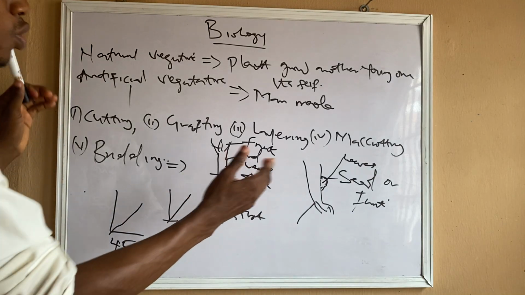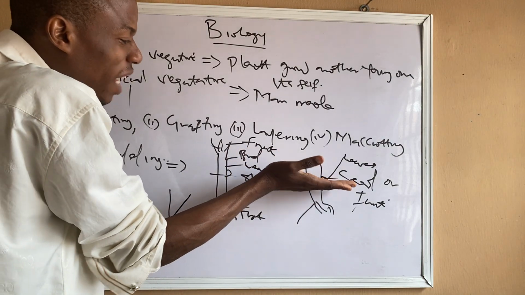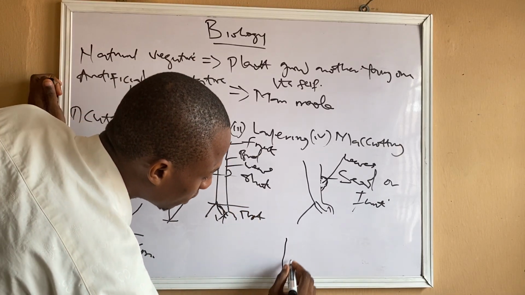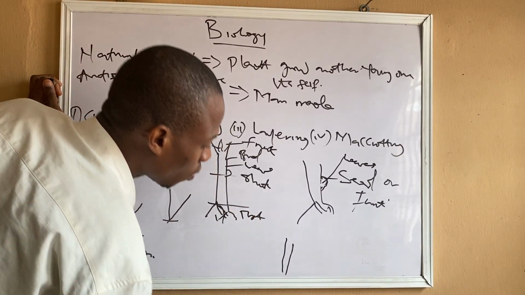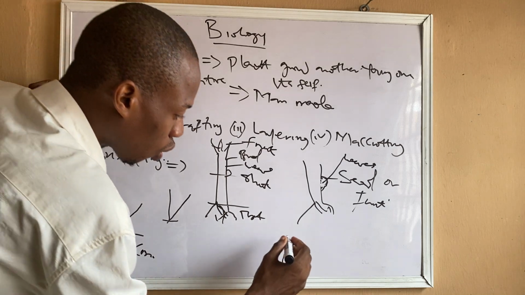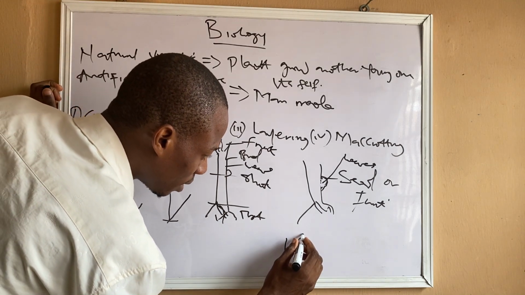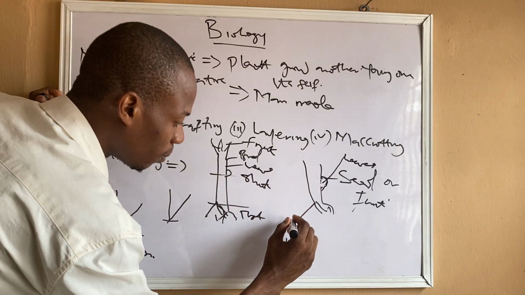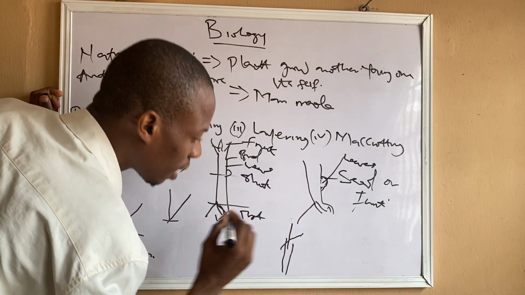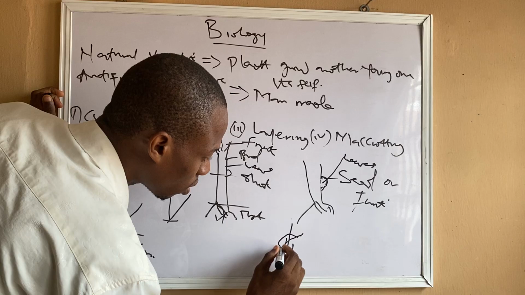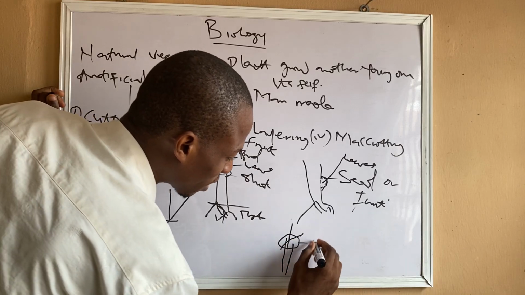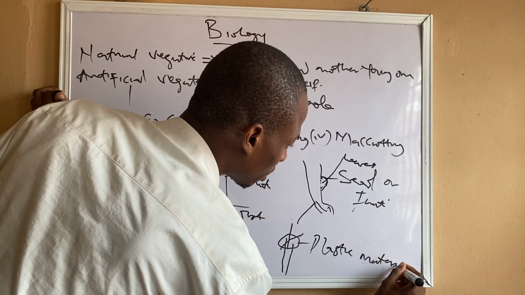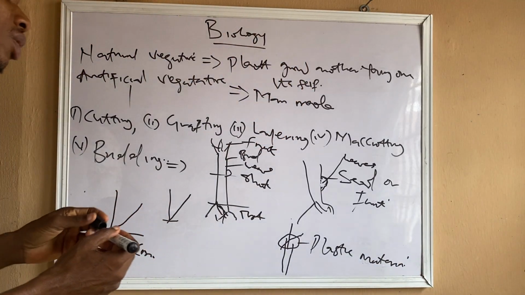That means once we cut the bud aspect of this, the plant that we want to do the artificial reproduction on, we also cut in an inverted T like this, and we join the bud to that place and tie it up with any plastic material, and that is simply what is called budding.